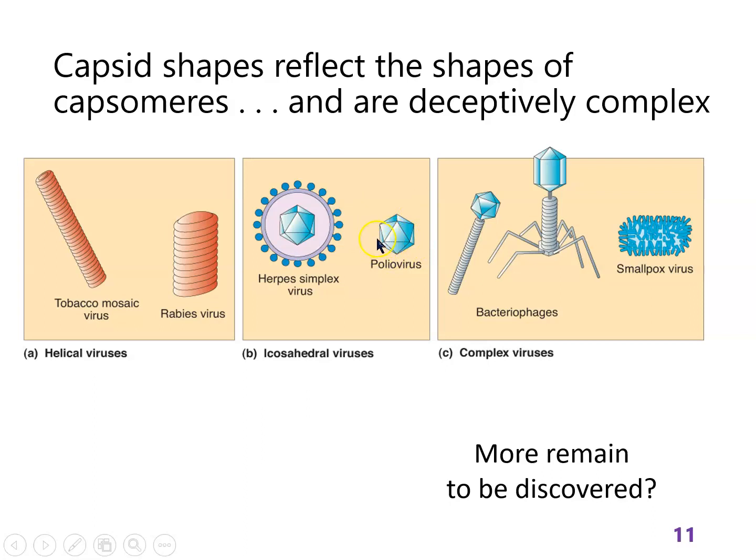And sometimes we'll have an envelope around it, but the capsid itself would be this shape. Other times we have spiral or helical capsids made from capsomeres that arrange themselves into helices. So there are several different viruses that are classified this way.